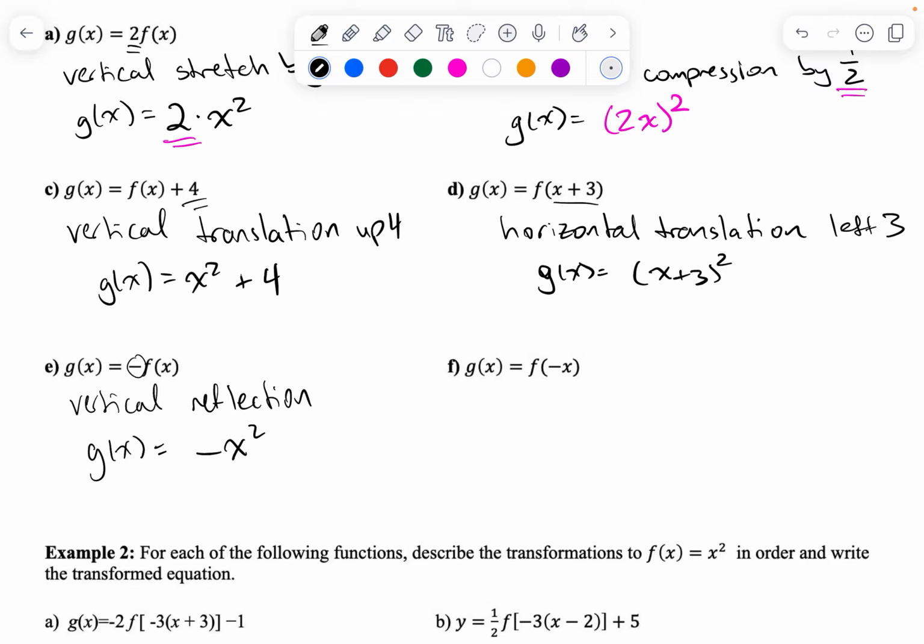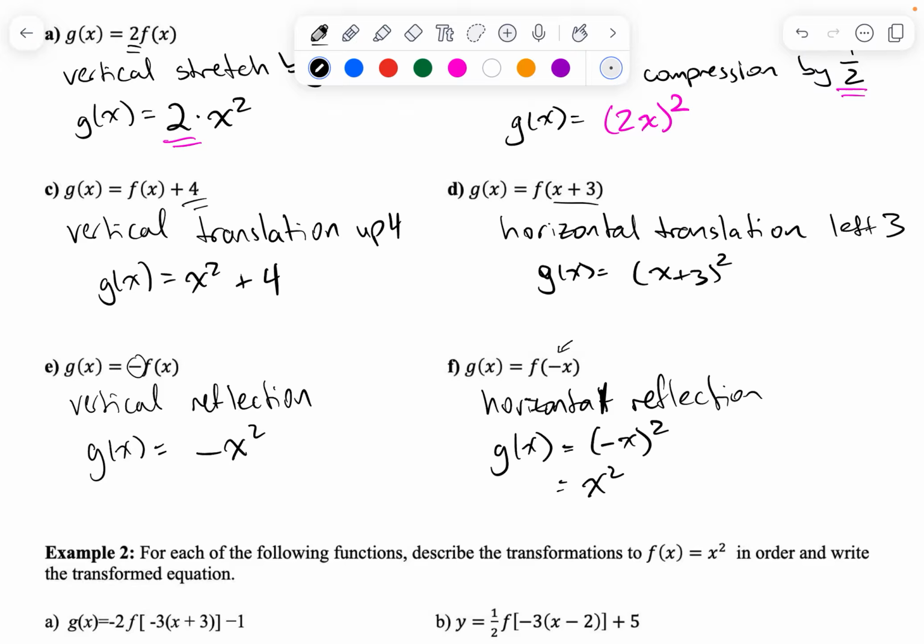Okay? Here, we're making the x negative. So because it's to the x, it's a horizontal reflection. And in this case, it's going to be (negative x) squared. When I square a negative x, negative x times that negative x actually simplifies to be positive x squared.